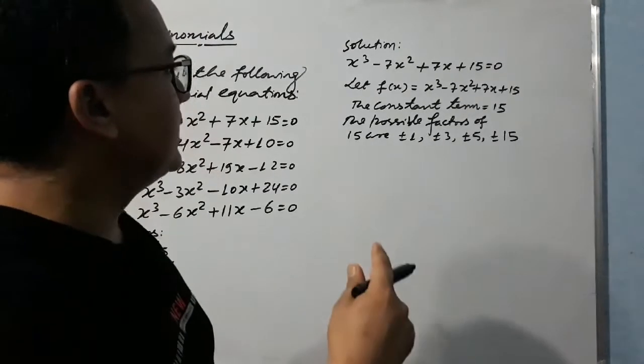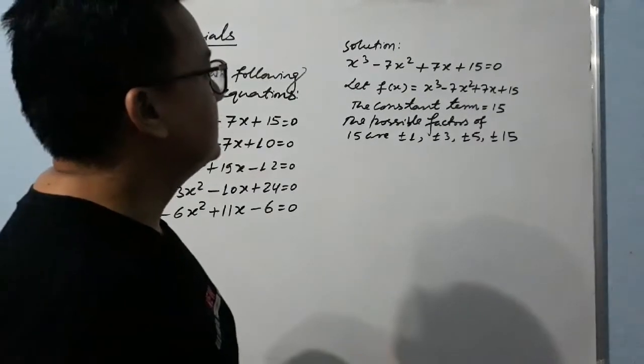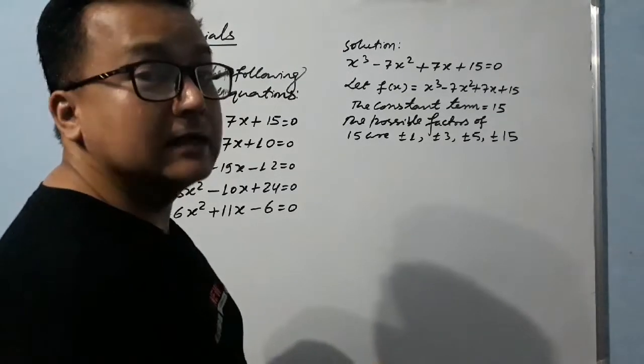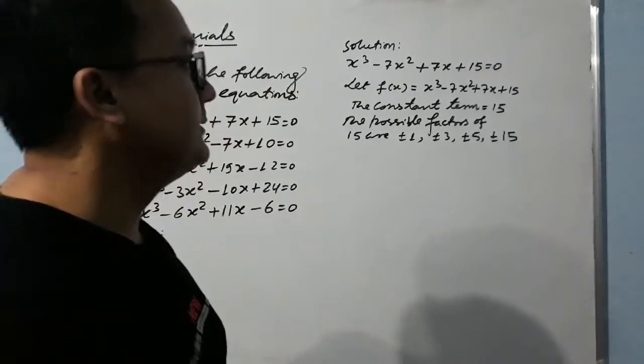So now we have to try. We have to check at which value of x, f of x is going to be 0.